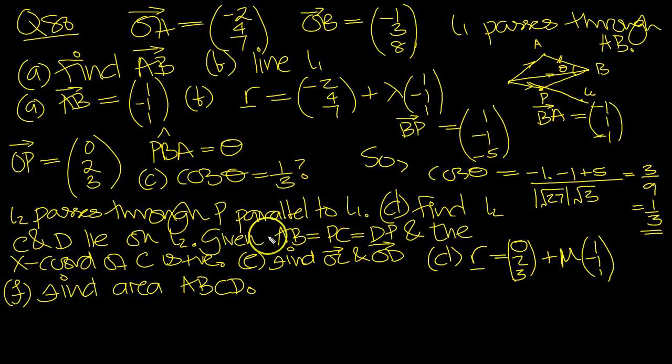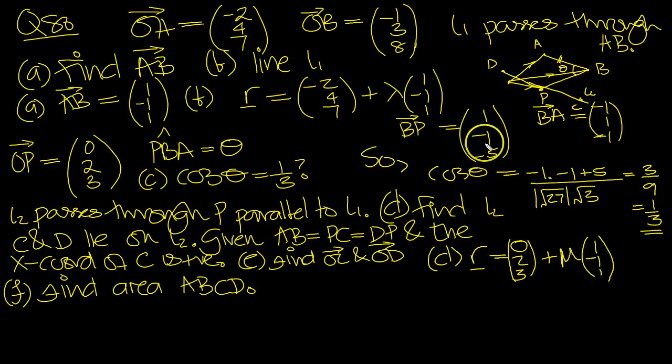C and D lie on L2. Given AB is equal to PC, so I'll put C there, is equal to DP, put D there, and the x-coordinate of C is positive, find OC and OD. So these are the same distance either side of P as this length here.